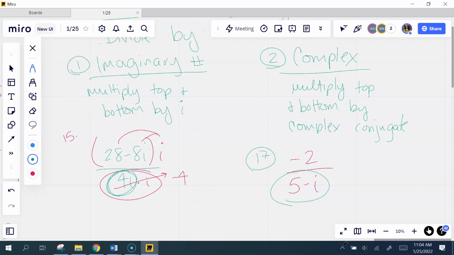If it's imaginary, i top and bottom. If it's complex, what's the complex conjugate of 5 minus i? Yep. And you will distribute that and simplify it and clean it up. I know I went really fast. I know you're probably going to have questions about the imaginary and the complex, but I'm starting to see the smoke out of your ears right now.